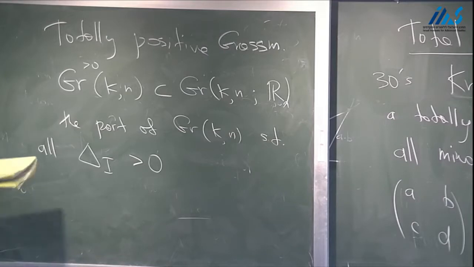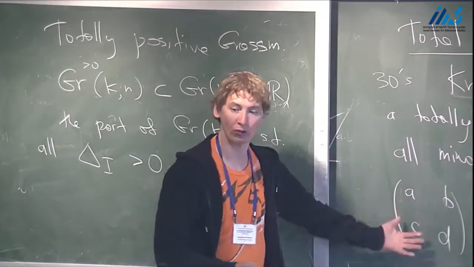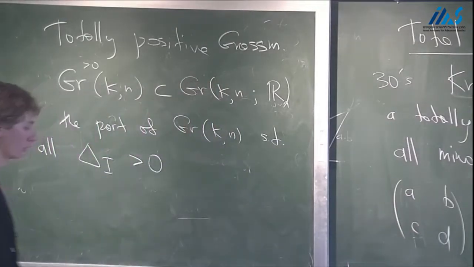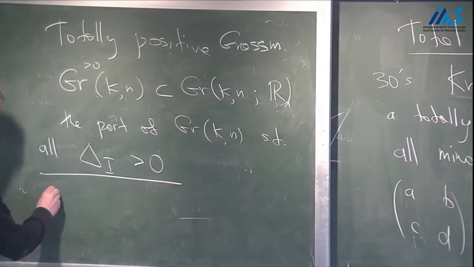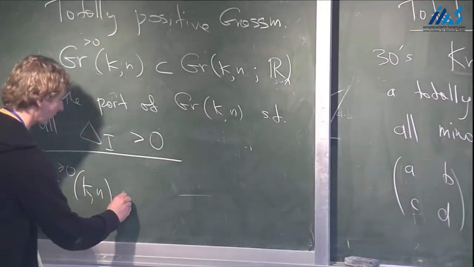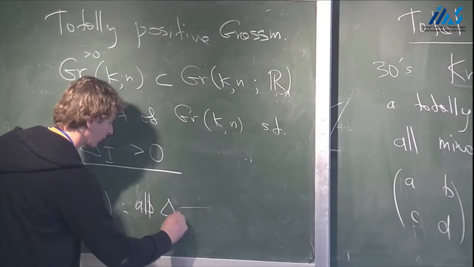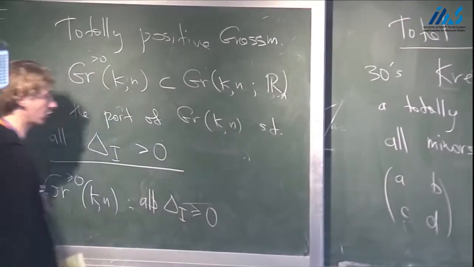Okay, so that's the most direct analog of the original concept of a totally positive matrix. And we can also define the totally non-negative Grassmannian, Gr greater than or equal to 0 (k,n), by saying that all Plucker coordinates are greater than or equal to 0.